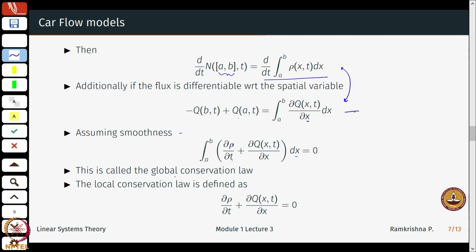Okay, this is what I call the global conservation law, right, that the number of cars are conserved, that whatever is going from point A is actually coming out at point B, and that all of a sudden a car does not disappear or appear from nowhere.